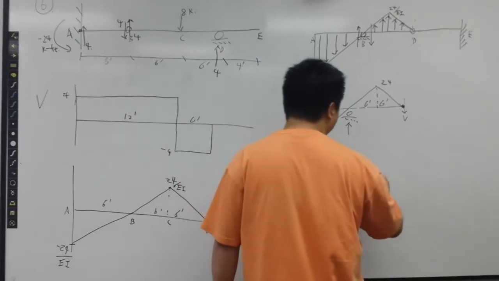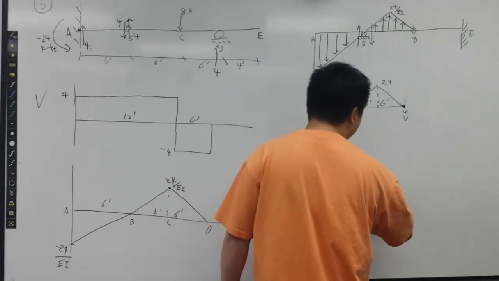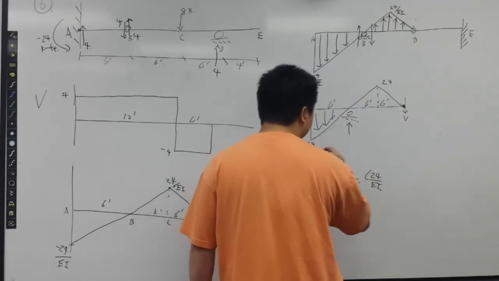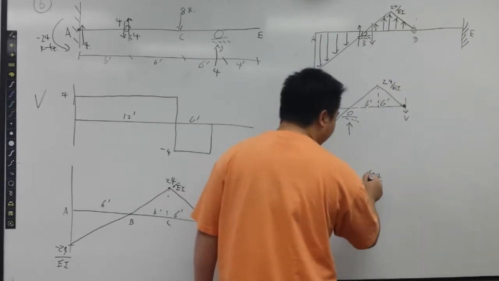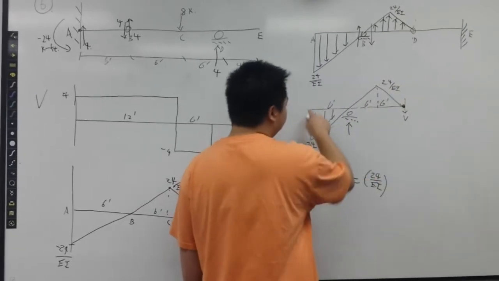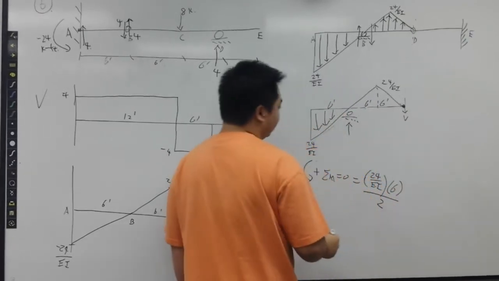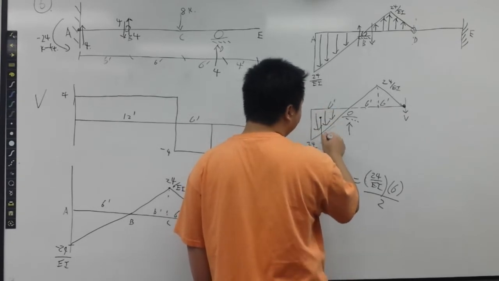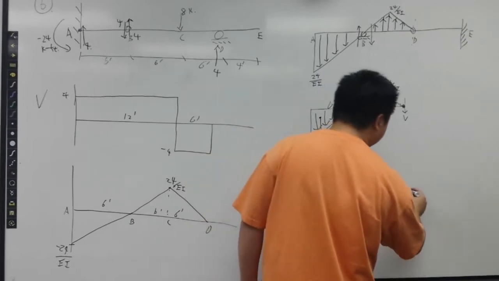So it creates this kind of motion, so it's positive. So I have to write 24 EI, because this is only EI, times the length, which is 6, divided by 2, times, because it's the centroid of this one, it's 1/3, so it's 4 plus 12, 16.